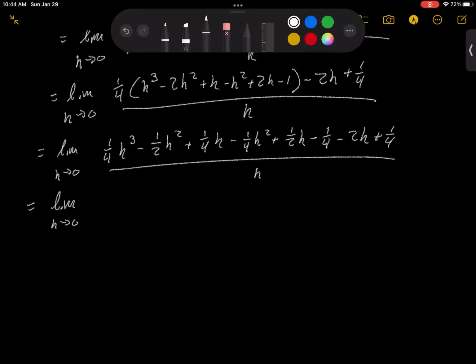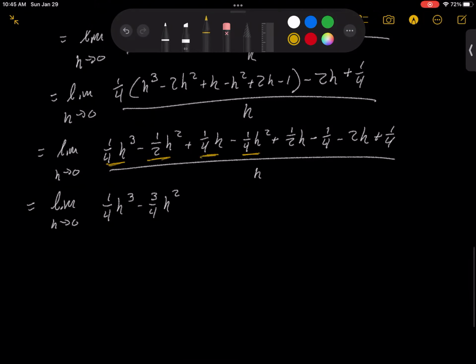What do we have? How many h cubes? 1/4 h cubed. Let's underline them as we go to make sure that we don't miss any. How many h squareds do we have? We have minus 1/2 of them, then minus a quarter. And that's it. So what is that? That's minus 2, minus 3, minus 3/4. All right, how many h's do we have?